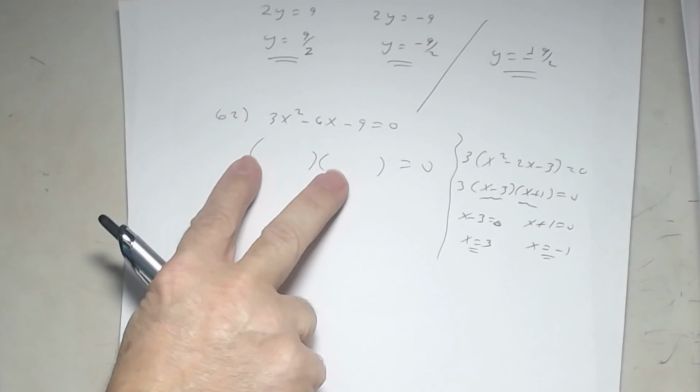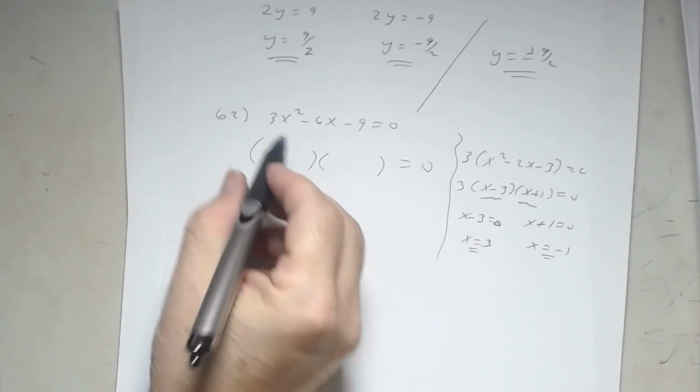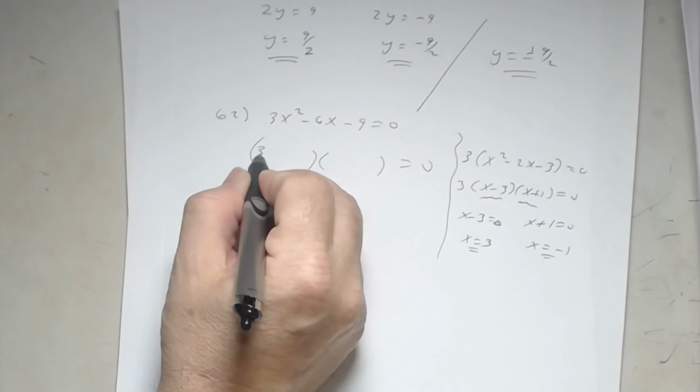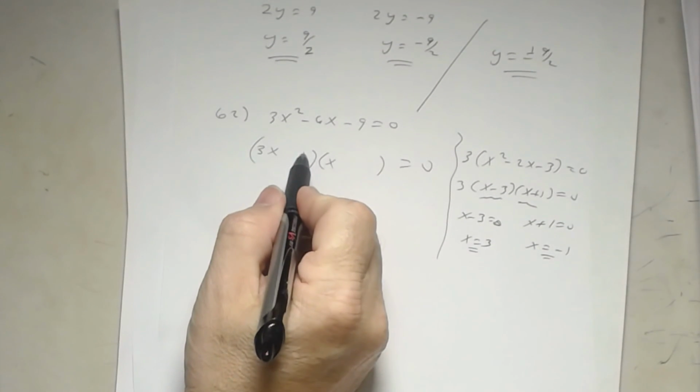All right, let's do this one where we did not take out the GCF. What are the possibilities of 3x squared? 3 and 1, so 3x and x. What about 9? There's 9 and 1, and 3 and 3. What are you going to try? You have to come up with a negative 9, so it's going to be 3 and 3.